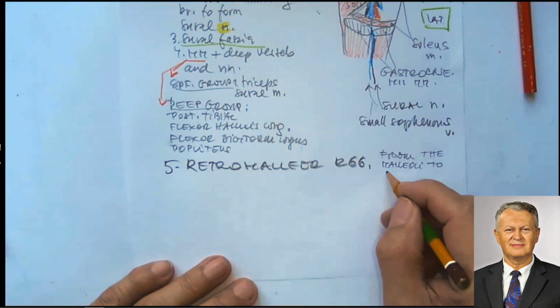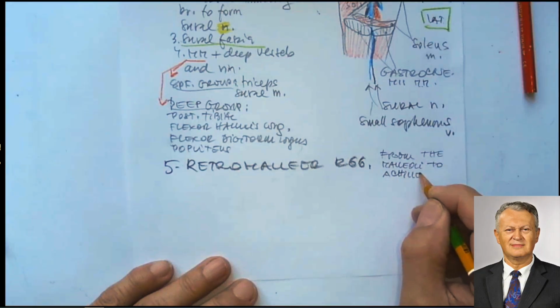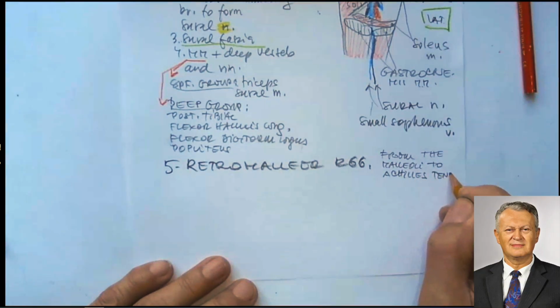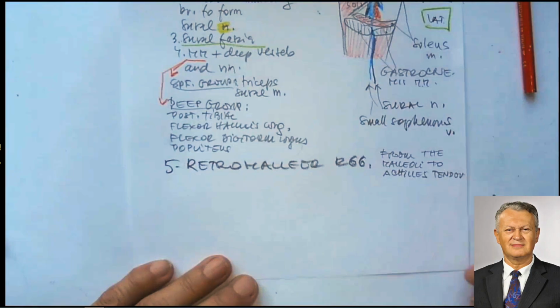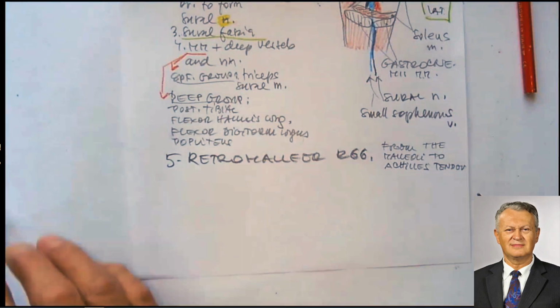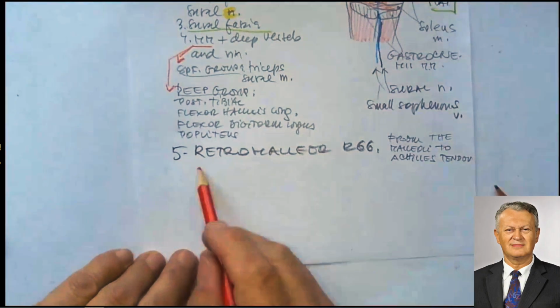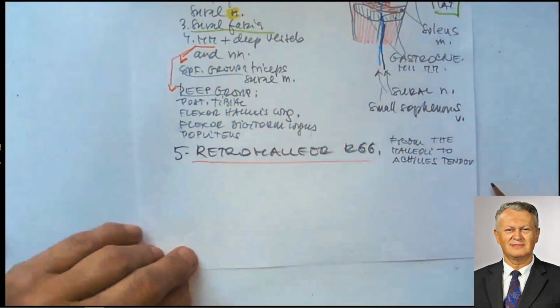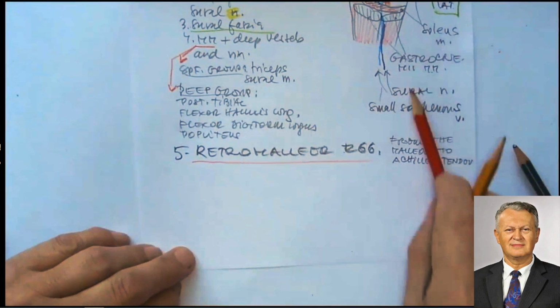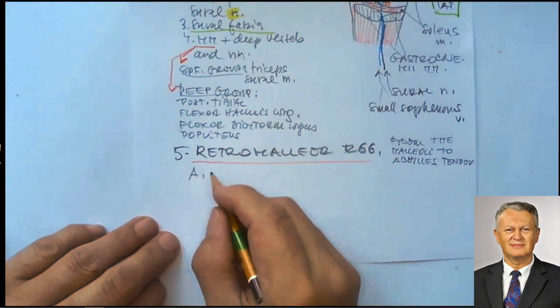To the Achilles tendon, right? Tendo Achillis or tendo calcaneus. We can say just some words because we have seen the diagrams and we will not draw such complicated diagrams. You have atlases, retromalleolar region starting with 5A.